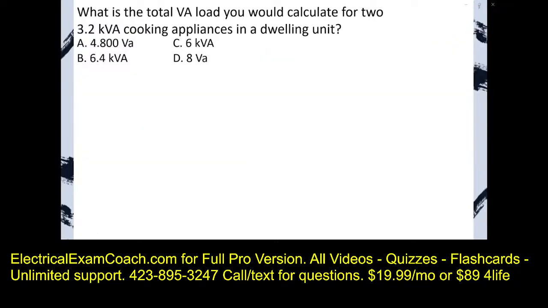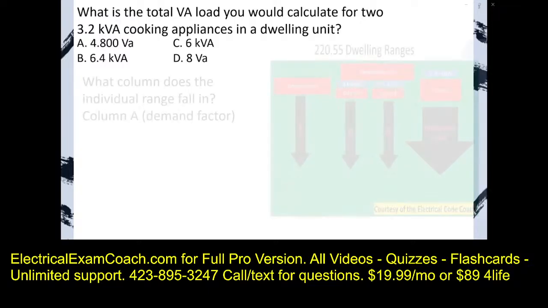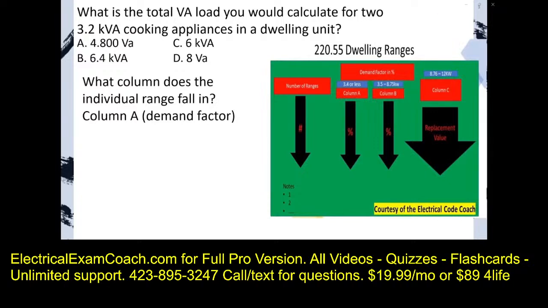What is the total connected load you would calculate for two 3.2 kVA cooking appliances in a dwelling unit? First question we're going to ask is, what column does our individual range fall in? Ours falls into column A. Now let's find our total connected load. We multiply it out, and we end up with 6.4.